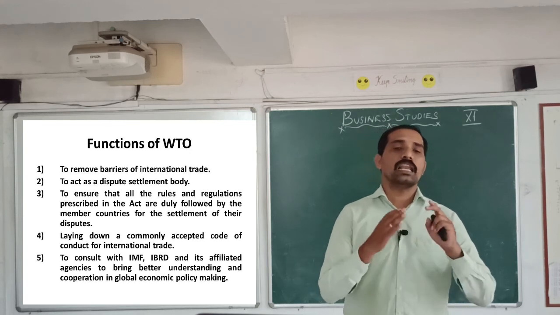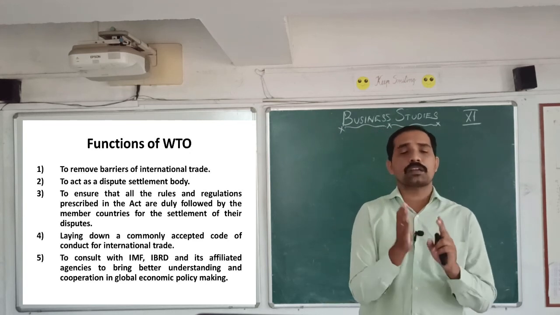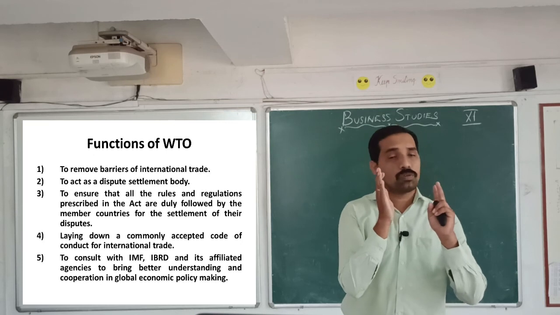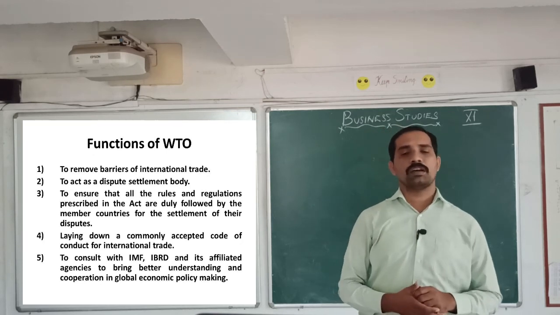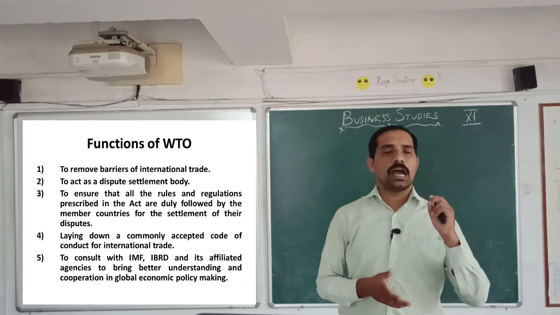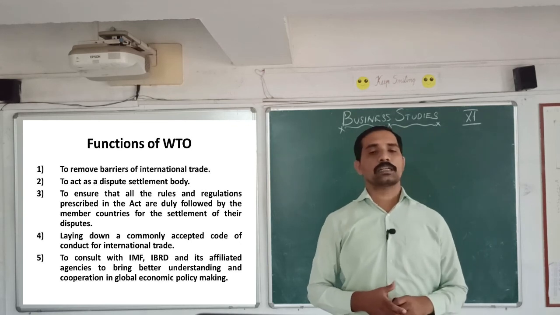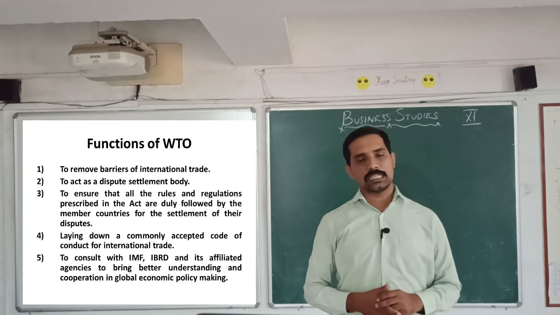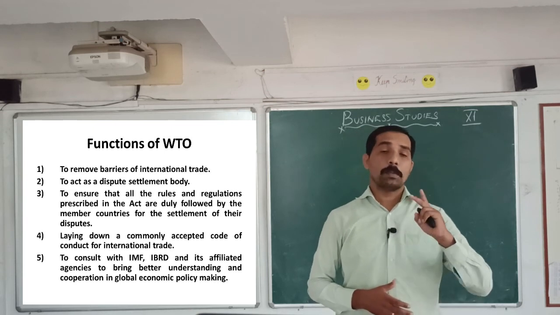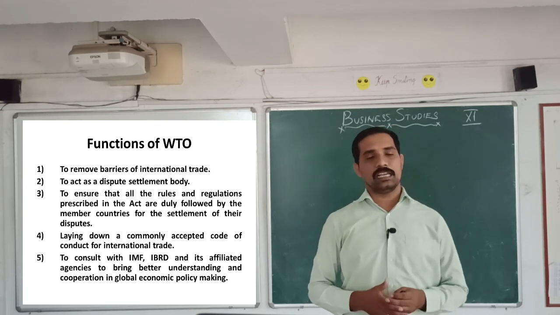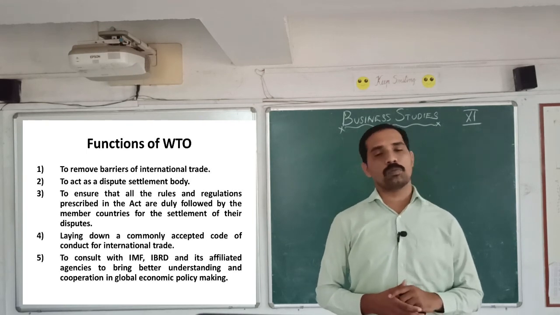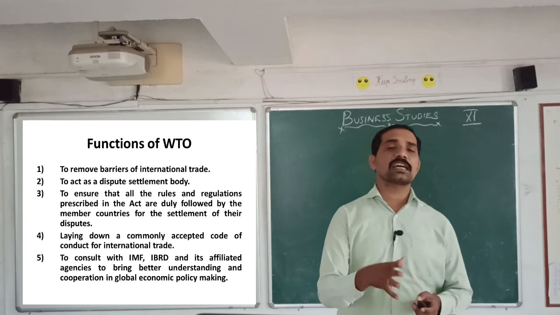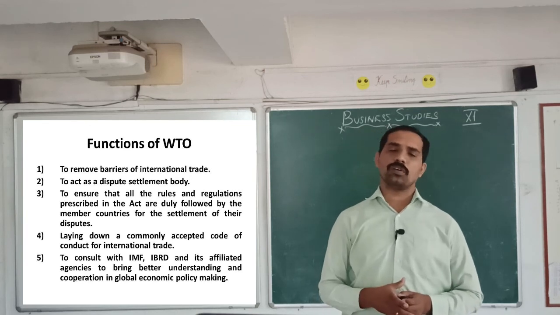Then laying down a commonly accepted code of conduct for international trade. To consult with the International Monetary Fund, that is IMF, and IBRD, that is World Bank, and its affiliated agencies to bring better understanding and cooperation in global economic policy making. These are the functions of the World Trade Organization.